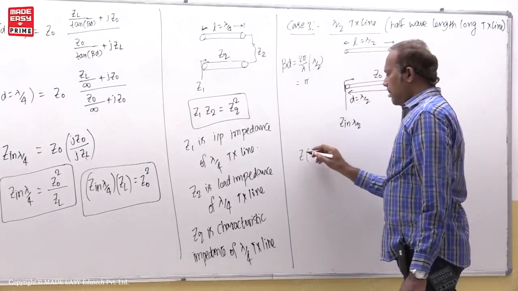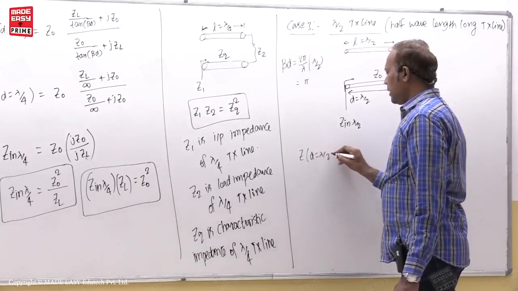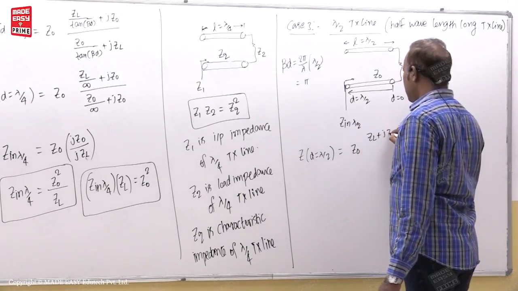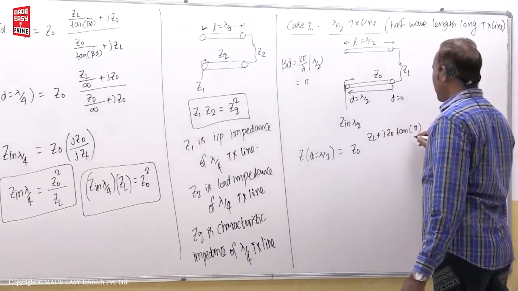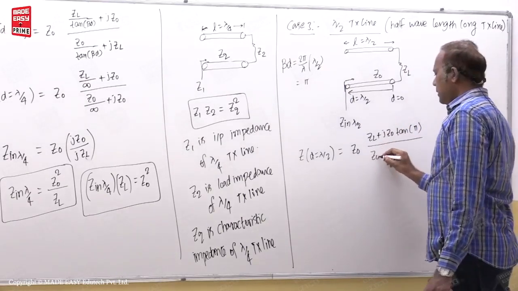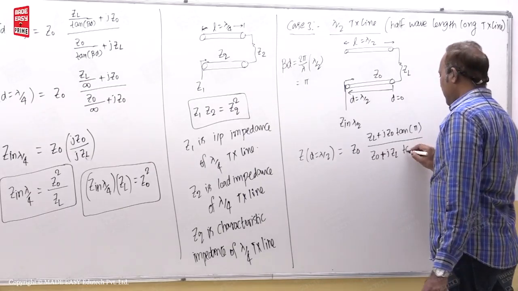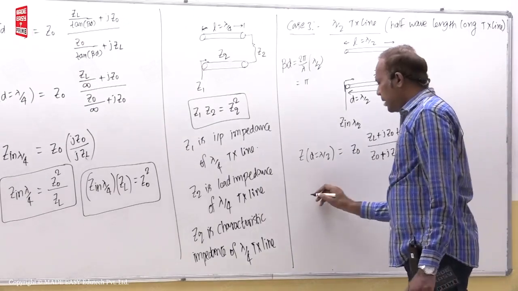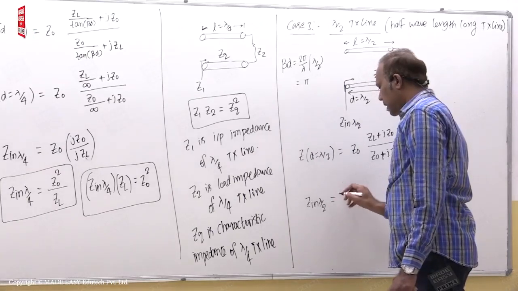Now in that formula substitute d equal to lambda by 2, that means Z0 (ZL plus jZ0 tan beta d) divided by (Z0 plus jZL tan beta d), where beta d is pi, so that is tan pi, which is 0. Ultimately we are calling this the input impedance of a lambda by 2 length transmission line.